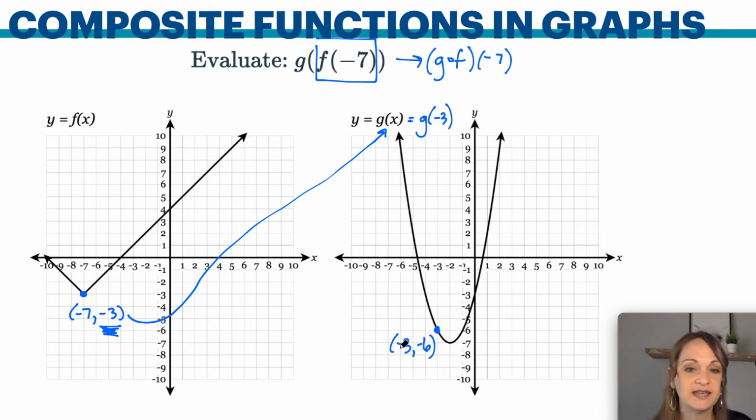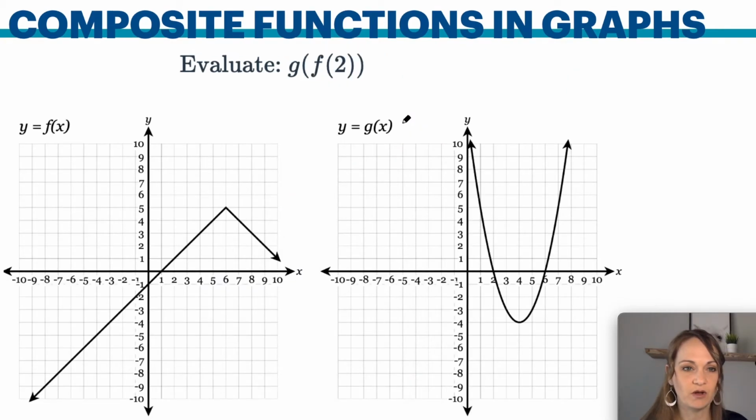So if you plug in -3, your output becomes -6. Again, you take the number and plug it into the first function that is closest to that number. I figure out what is the y value at -7. It is -3. That answer, the -3, is what gets put into the next function.